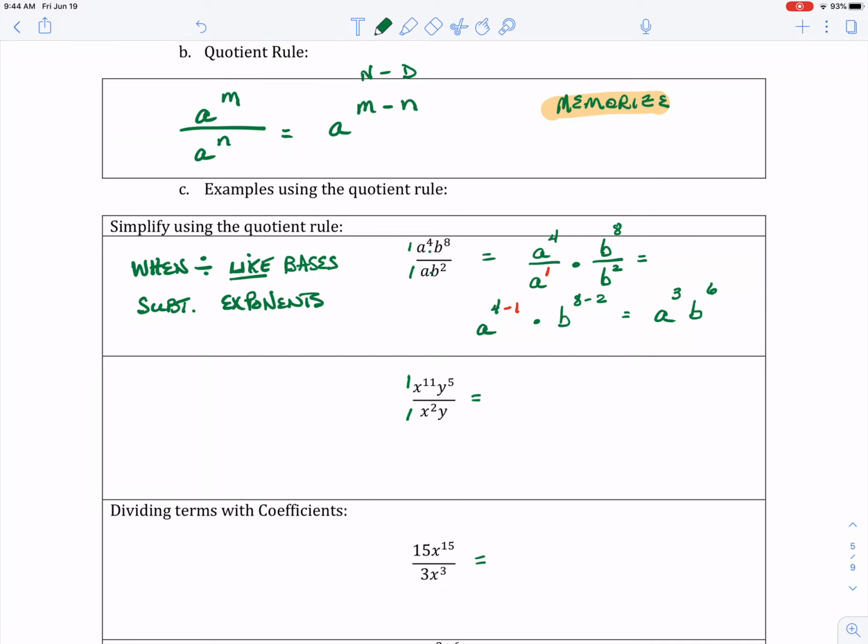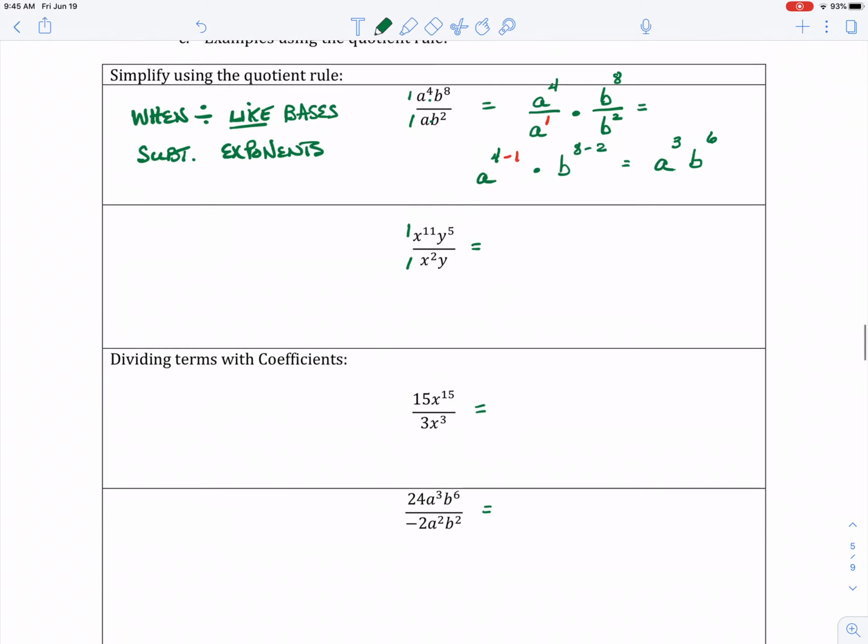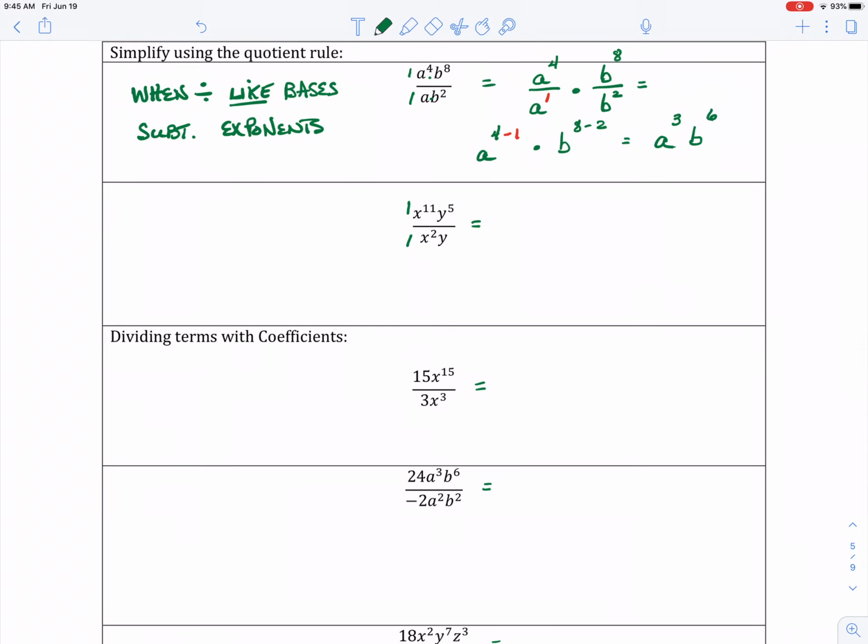All right, same thing here. I like to pull apart the matching bases.